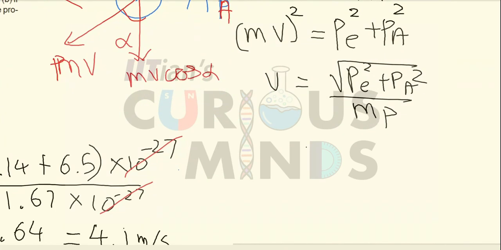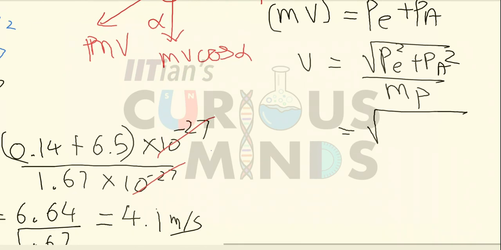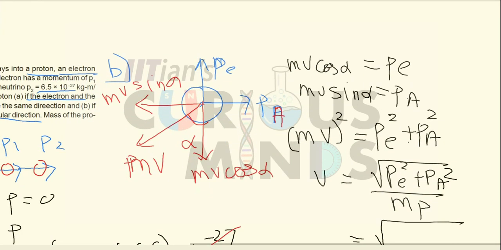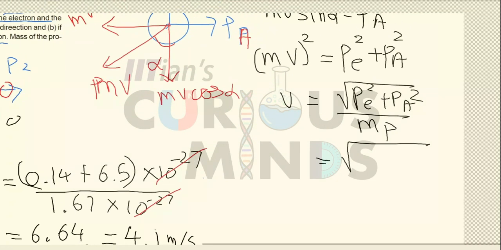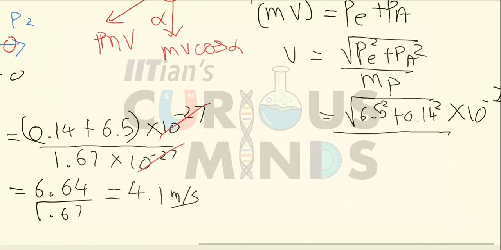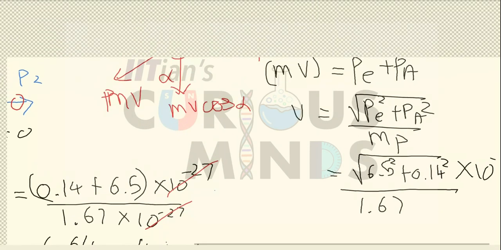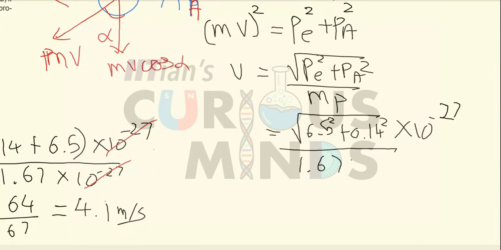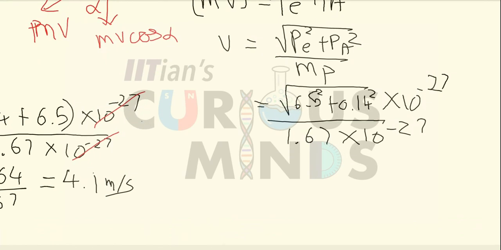When I calculate this value, pe is roughly 6.5 × 10^-27, so I can take 10^-27 common. It will be equal to the root of (6.5 squared plus 0.14 squared) divided by the mass of the proton, which is 1.67 × 10^-27 kg.